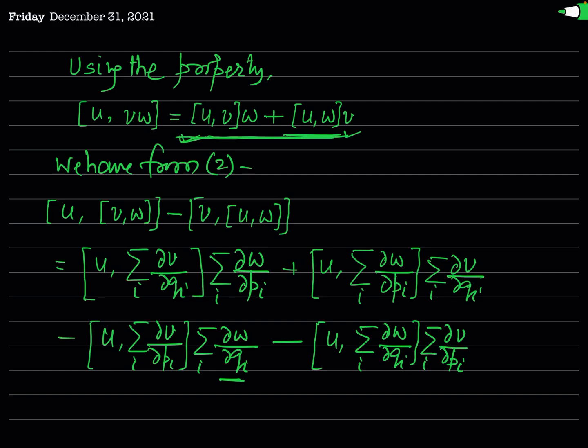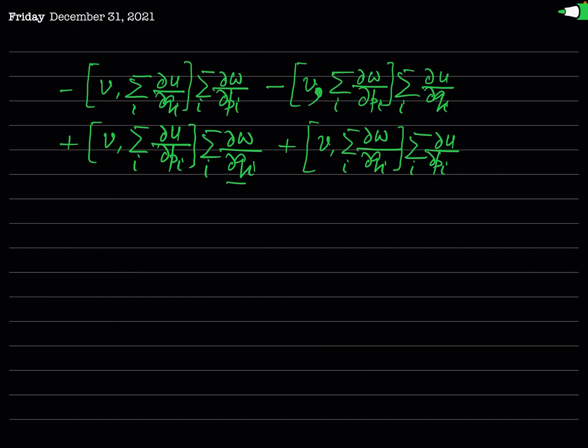In this term which I am crossing here, there is minus summation over i del w by del qi, and this term which I am crossing here also contains summation over i del w by del qi. So let us take this minus del w by del qi as a common factor. You can simplify this in this way.